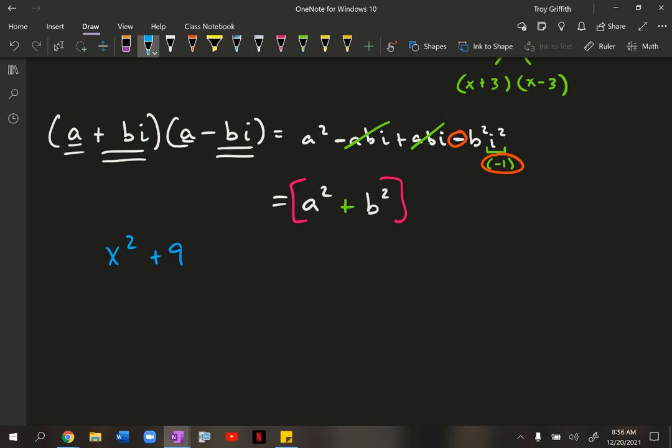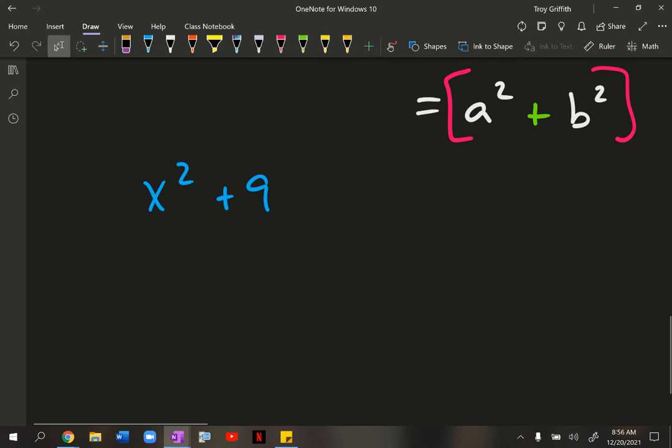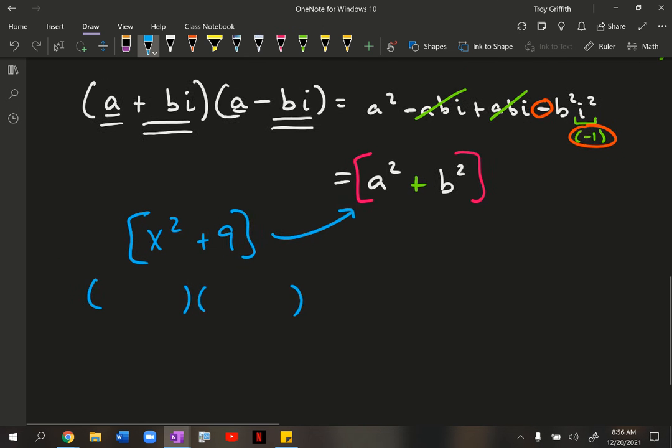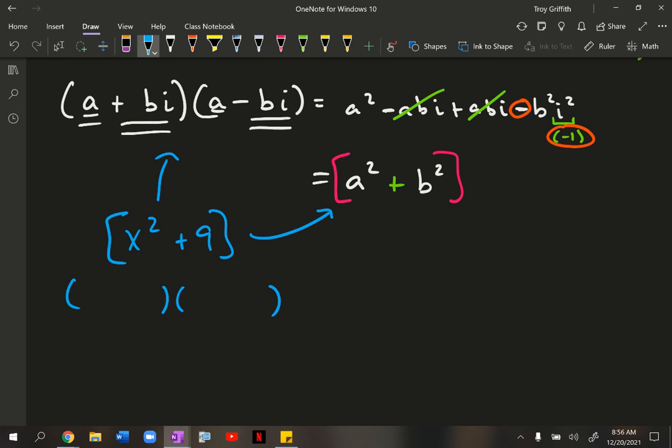What does this tell me? If it's x squared plus 9, in order to factor this, I still see perfect squares, but this time it's a sum. This time I'm going to have to use imaginary numbers. If I made two sets of parentheses, you see how this looks a lot like this pattern. If I wanted to factor this, I want to fit it into this pattern right here.